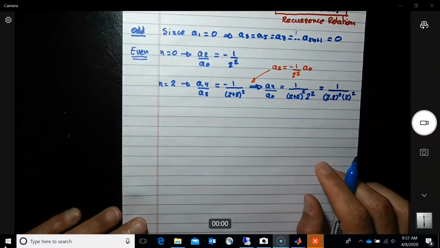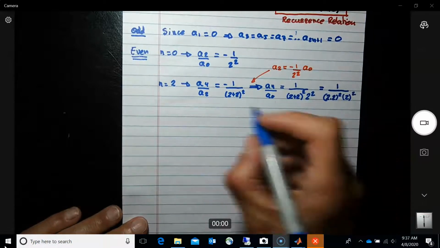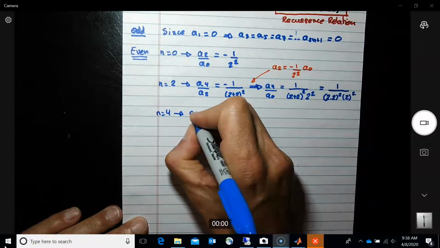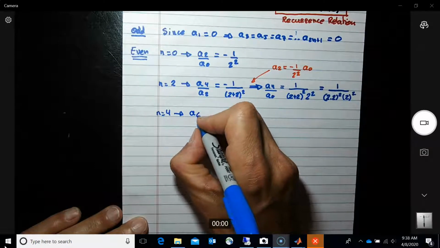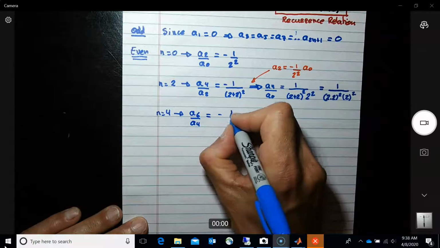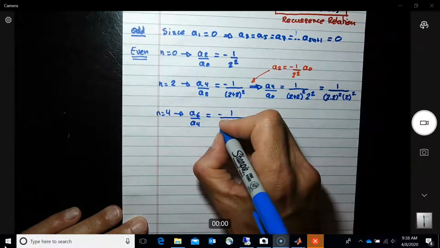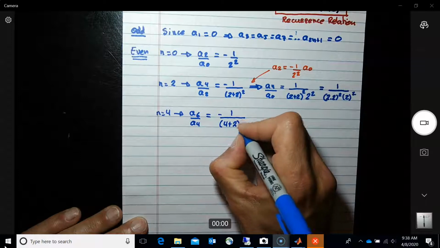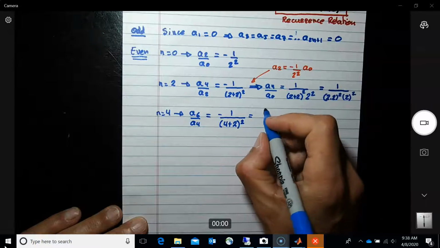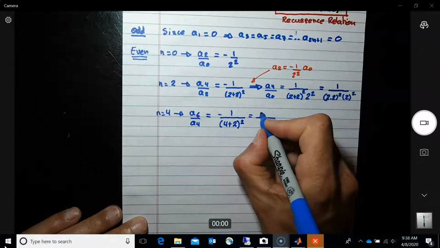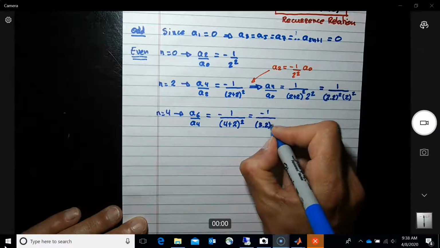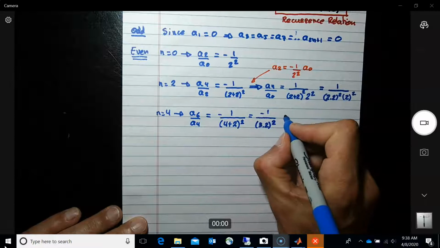And one more example, for n equal 4. That means we'll have a6 over a4, which will be equal to minus 1 over 4 plus 2 squared, which is equal to minus 1 over 3 times 2 squared.